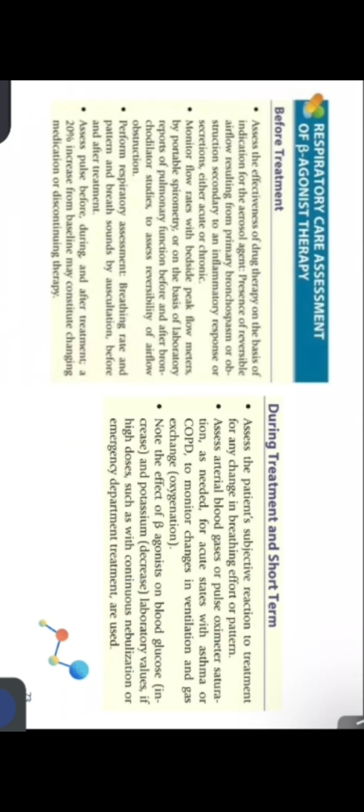And lastly, meron tayo ng respiratory care assessment of B agonist therapy. Before treatment, kailangan assess the effectiveness of drug therapy on the basis of indication for the aerosol agent.